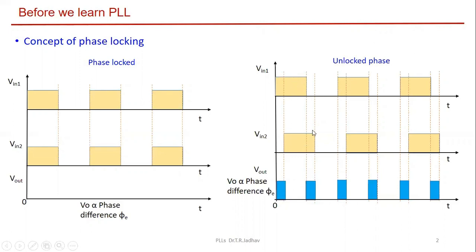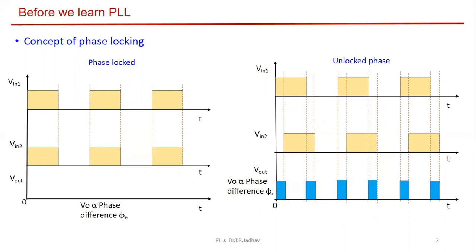Although the frequency is matching, both the signals having the same frequency, there is a phase shift in the second signal, and that is why when you compare these two inputs, you get the output which corresponds to the phase difference between these two signals. So in this case, we can say that these two signals are unlocked as far as phase is concerned.